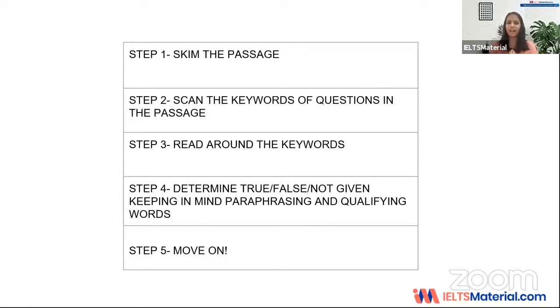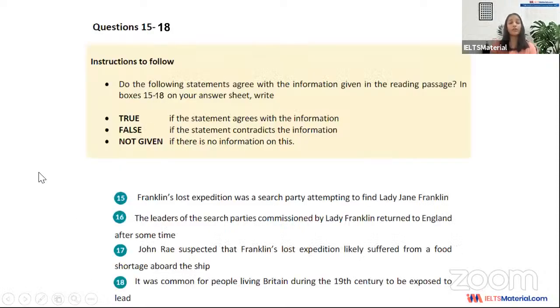If you feel you're unable to determine a given piece of information, it's probably not given. If even after that you are unable to unlock the step, move on. Time management is the key in your reading test. You can always come back to the question later if you get confused. So I'm sure we are all ready to solve the passage. Please have a quick look at the questions given here.